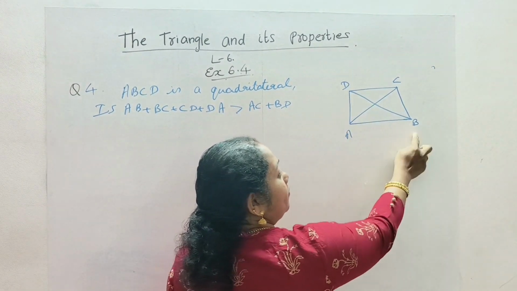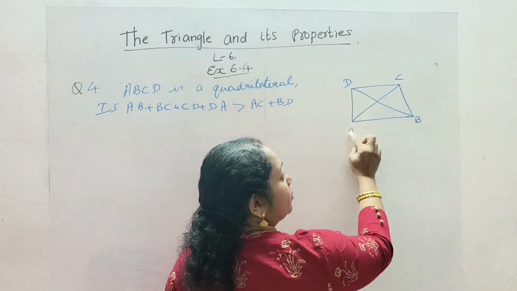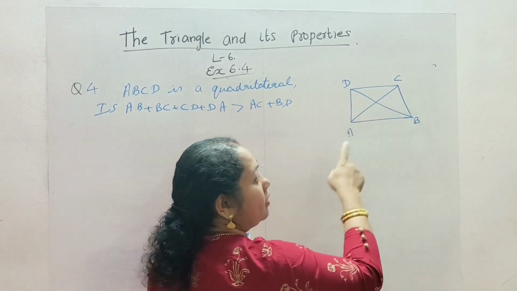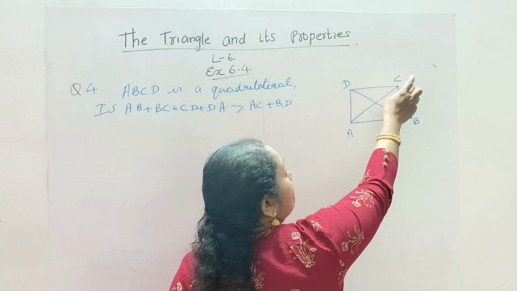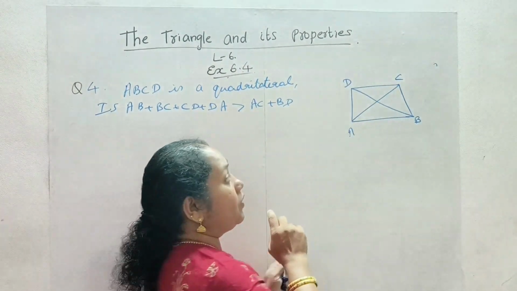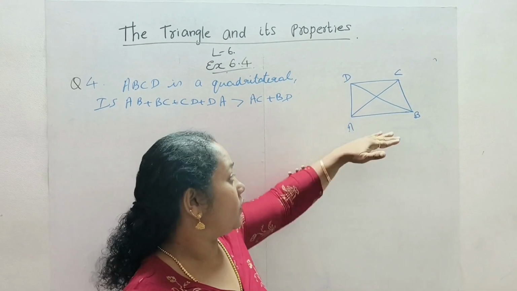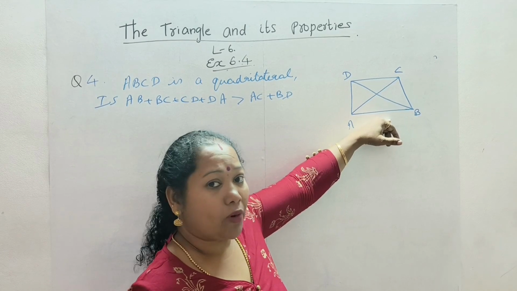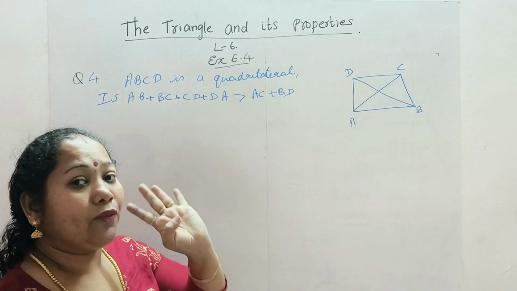That is DAB and CBA. And the other two are ADC and BCD with CD as the common base. Total we will take 4 triangles.